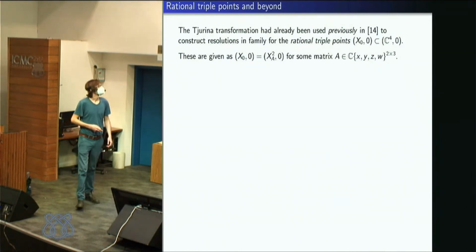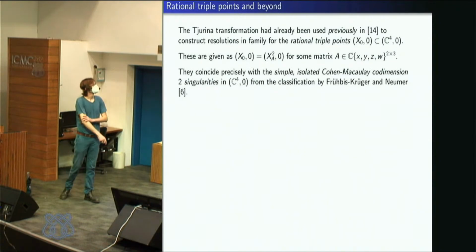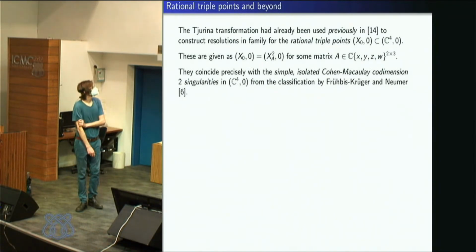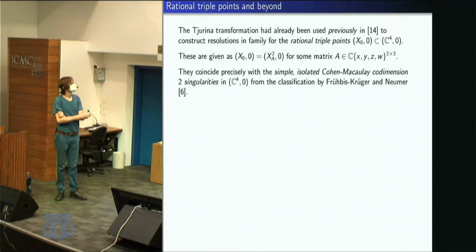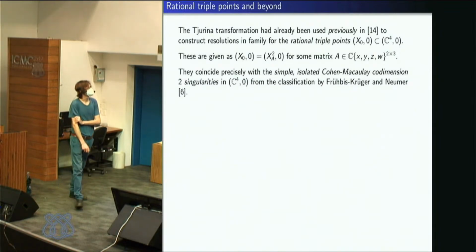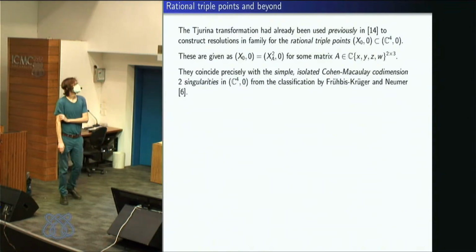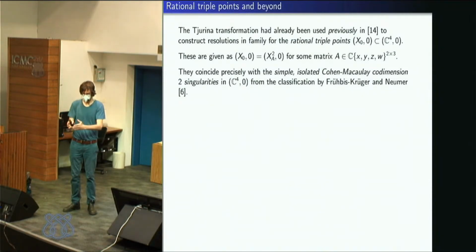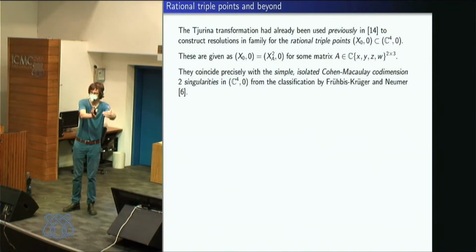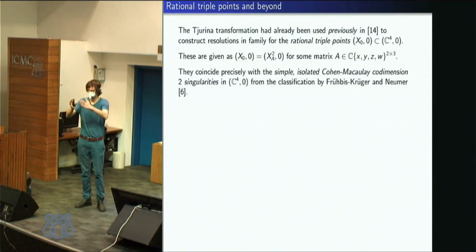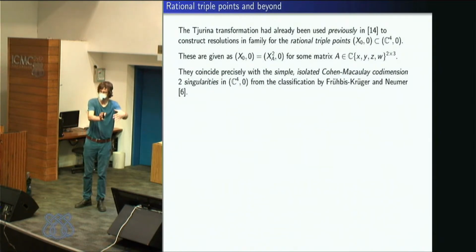They are a special instance of these so-called Cohen-Macaulay codimension 2 singularities, and they turn out to coincide with the simple isolated Cohen-Macaulay codimension 2 singularities in C^4, which is from a classification by Anne Frühbis-Krüger and Alexander Neumann. Right? So this correspondence that you had for the ADE singularities, that the simple singularities are exactly the rational double points, is extended by the simple Cohen-Macaulay codimension 2 singularities being exactly the rational triple points.